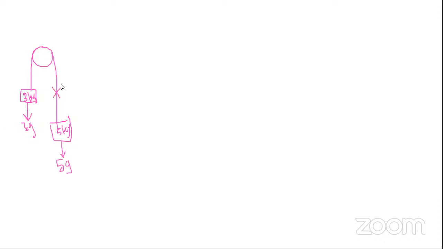Then the tension, because it is the same string, has the same tension. And because 5 kilograms is greater than 3 kilograms, the 5 kilograms is going to pull the 3. So our acceleration will move this in this direction.